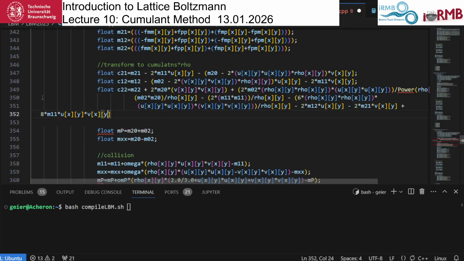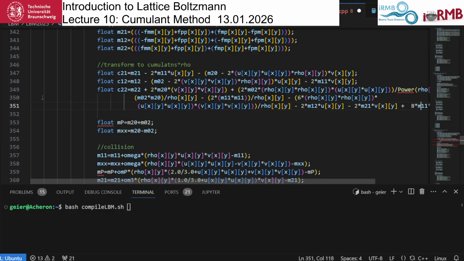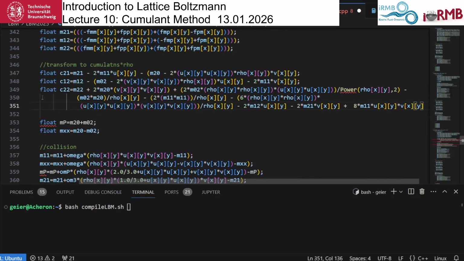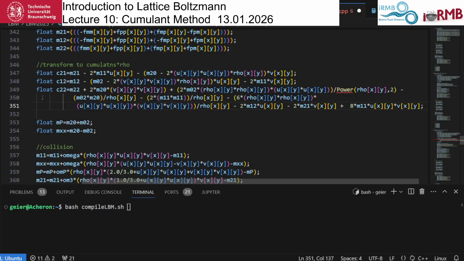So you see, it's ugly, and this is only 2 dimensions. In 3 dimensions, it's much more ugly. Okay, I'll put a semicolon here and then it's a three-liner. So the thing here, there's this power that we don't like. But this is not a problem. All we do is we write this out directly. Yeah, so that's all we need to do.